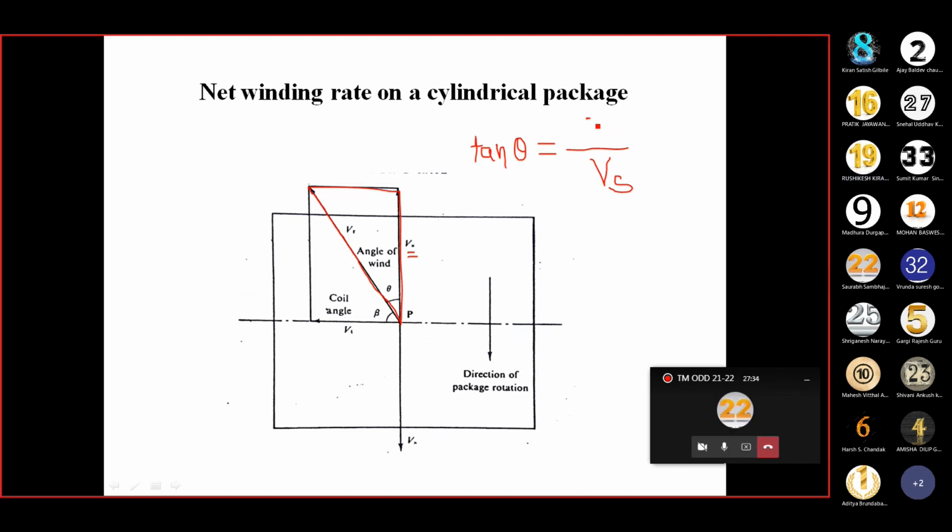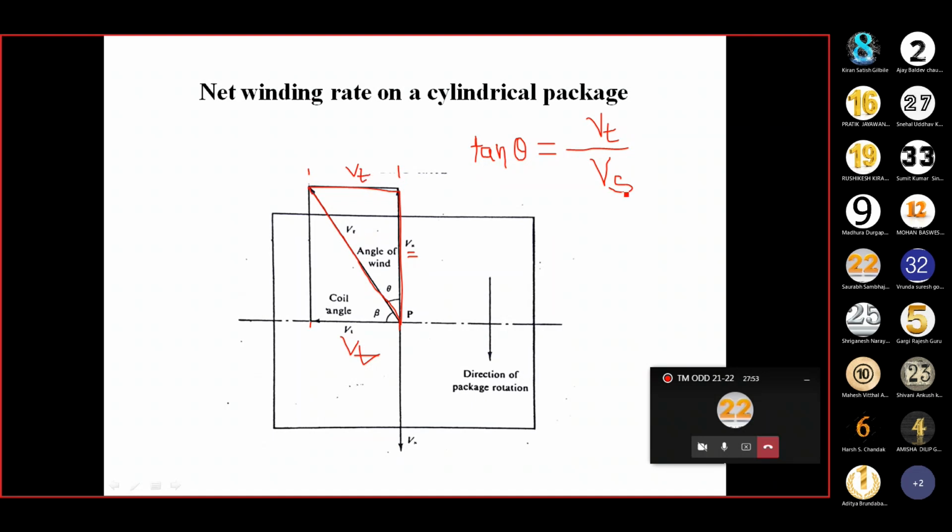Vt. Simple thing, Vt will come. So you can see this is Vt and this one is the same.